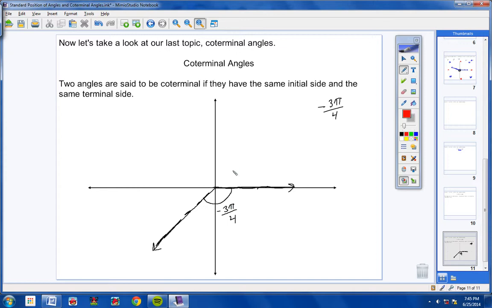Well, we're going to start here on the initial side, and we're going to rotate to the terminal side right there. Now, if I would have gone all the way around, that would have been 360, or in other words, 2 pi radians. But I didn't go all the way around. Remember, I stopped 3/4 of the way.